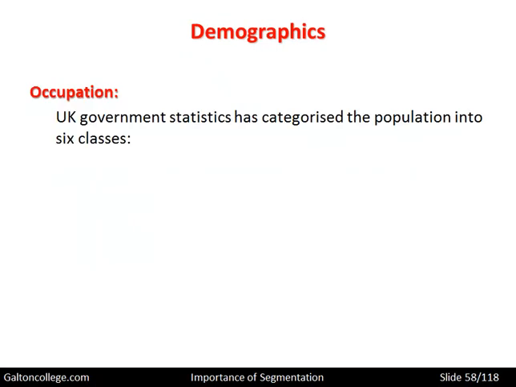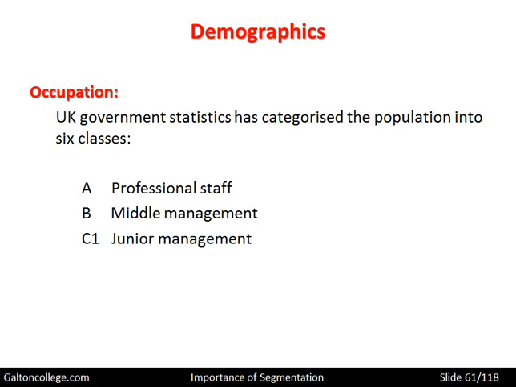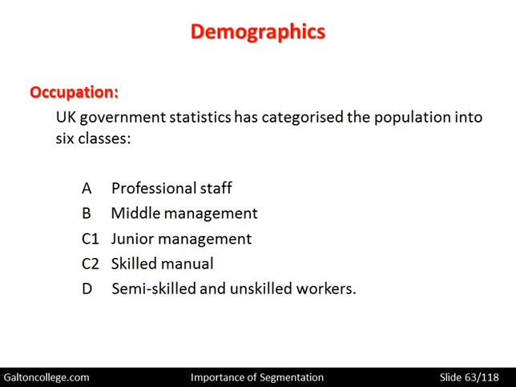Occupation. UK government statistics has categorised the population into 6 classes. We have, first of all, A, the professional, B, middle management, C1, as it's called, junior management, C2, skilled manual workers. These are manual workers, work with their hands, but they've got a high degree of skill.